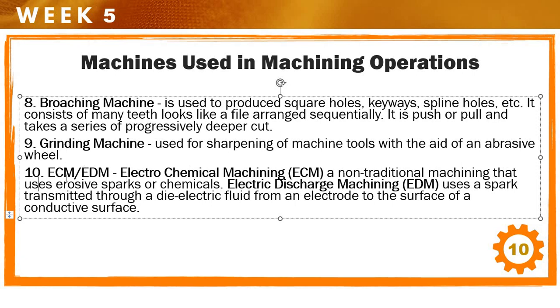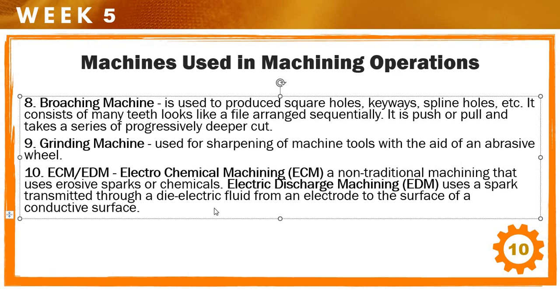Then 10 is the ECM or EDM. Electrochemical machining, or ECM, is a non-traditional machining that uses corrosive sparks or chemicals. That's why it is called electrochemical. It is the combination of electric charge and chemical components. While electric discharge machining, or EDM, uses a spark transmitted through a dielectric fluid from an electrode to the surface of a conductive surface.